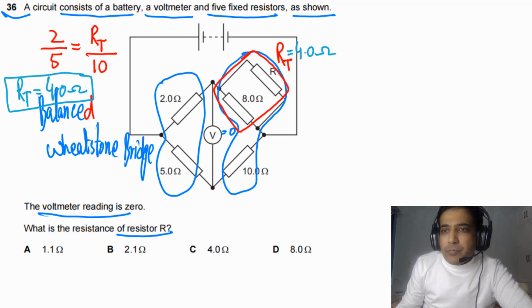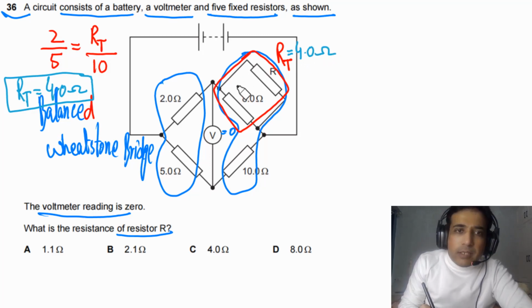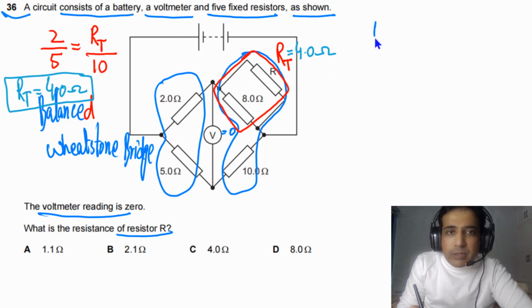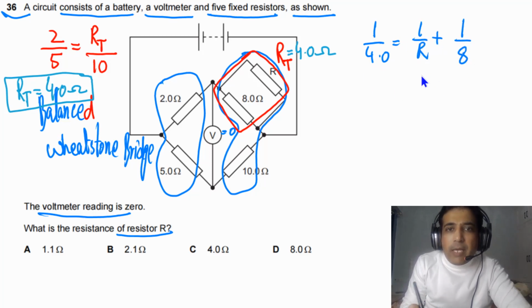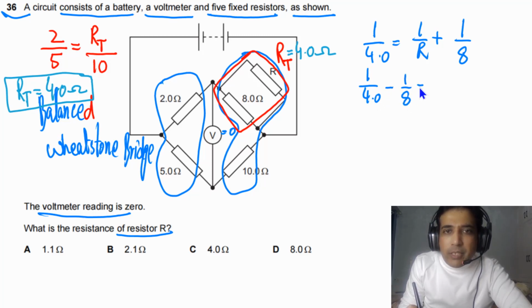In this case, we have two resistors connected in parallel, and the total resistance of these two resistors is equal to 4. So simply we can say 1 over 4.0 has to be equal to 1 over R plus 1 over 8. From here we can find the value of R. So we have 1 over 4.0 minus 1 over 8, and that is equal to 1 over R. We can take LCM here, so we can take 8.